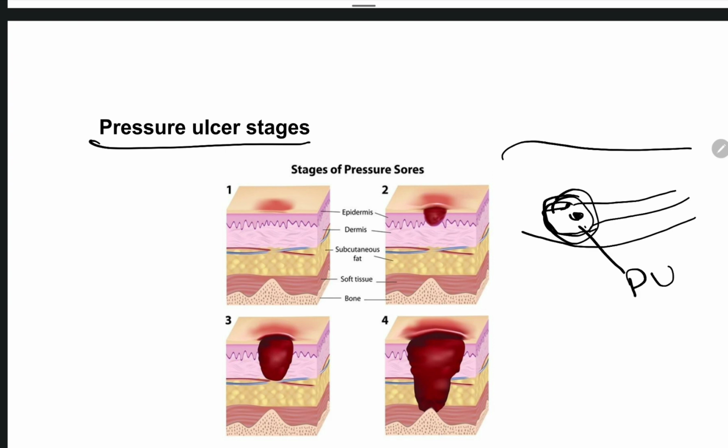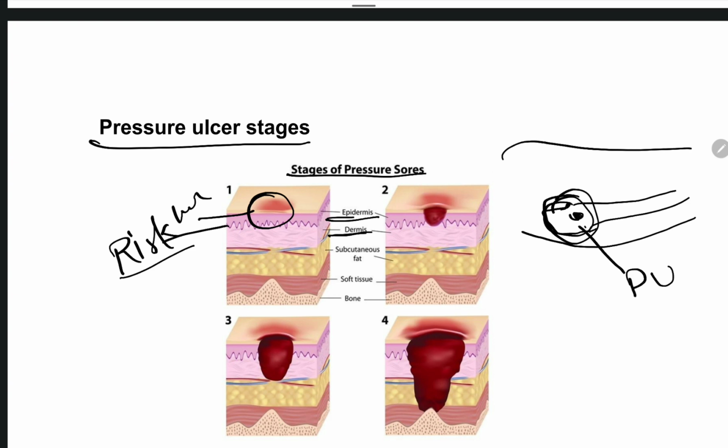The stages of the pressure ulcers are, first, stage 1. In this stage, the epidermis is highly affected, the dermis is not that much affected. So this is the first stage, a risk for pressure ulcer formation.